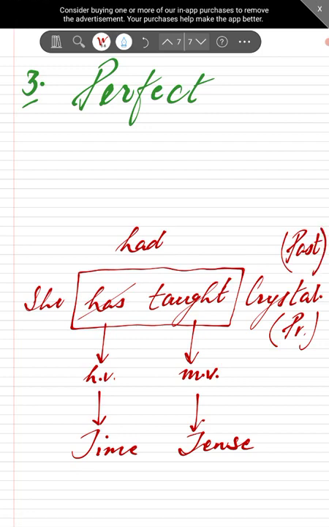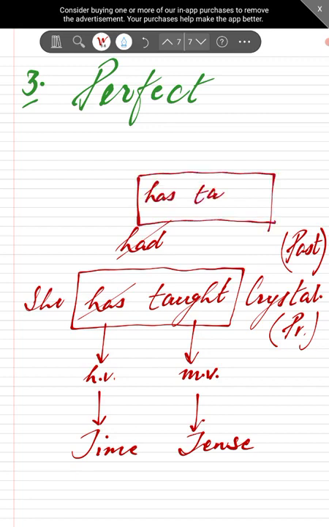Now we wish to change again time. That's why we need to change had into future. So just copy here what is written in the box. Here has taught is written in the box. We need to copy it because we are learning the similarity between present tense and future tense.